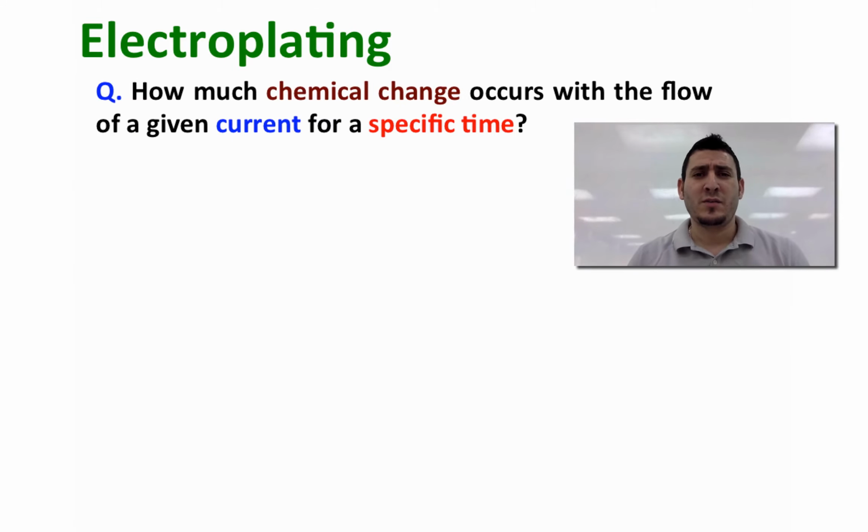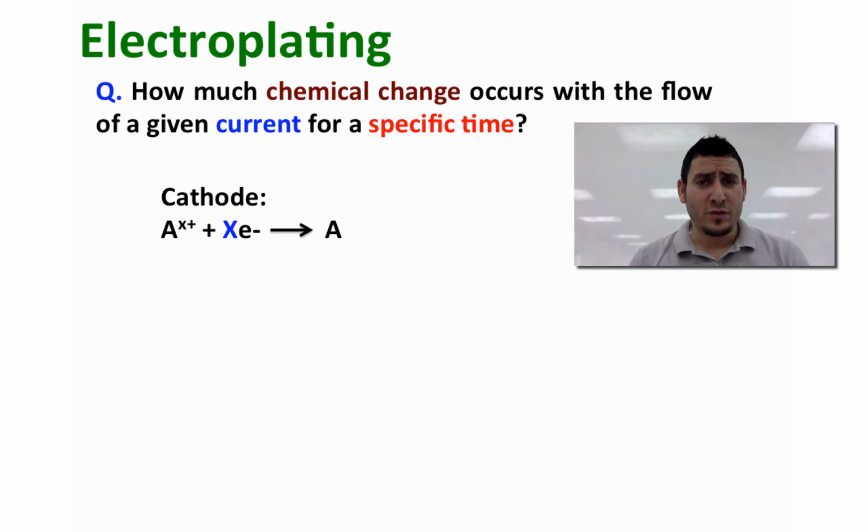Now we will consider the stoichiometry of electrolytic processes. The question is, how much chemical change occurs with the flow of a given current for a specific time? Now suppose we want to measure the mass of copper that was deposited on that ring. We know that at the cathode, the copper is getting reduced, and therefore we have a reduction half equation.